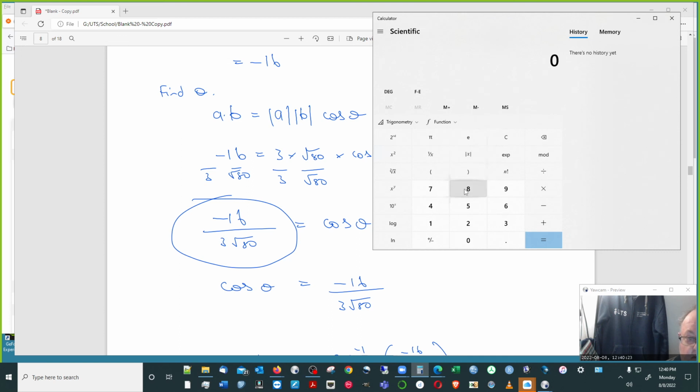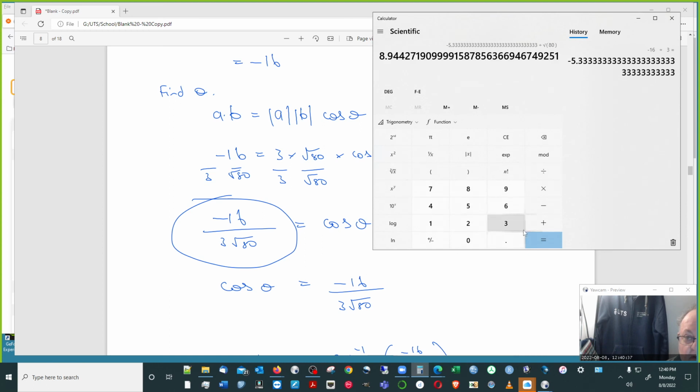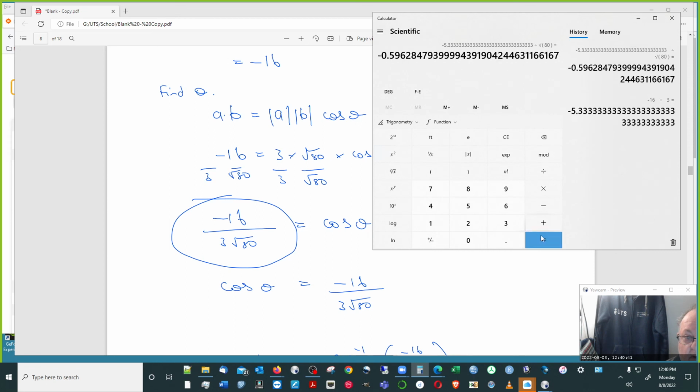Okay, so let's just have a look and see. So 16 minus divided by 3 equals divided by root 80 equals. Okay, and then second function cos.